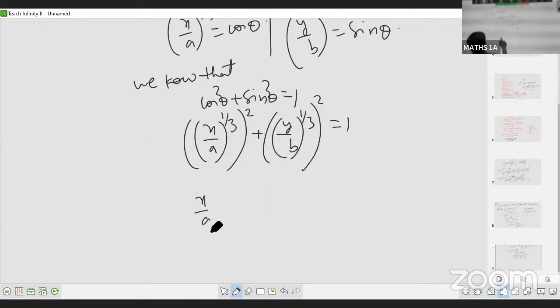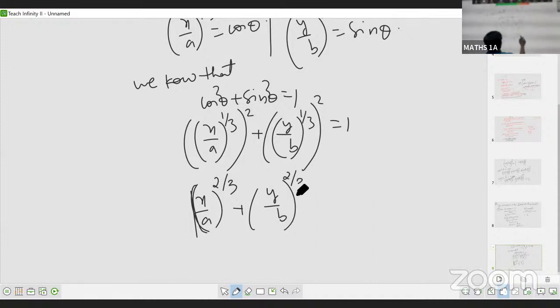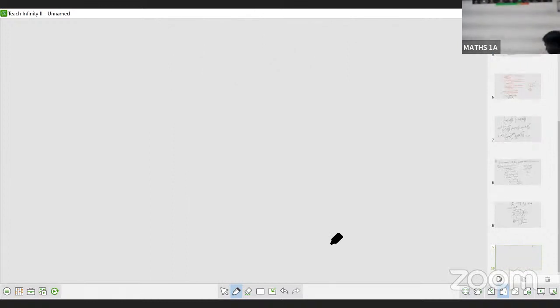Then x by a whole to the power 2 by 3 plus y by b whole to the power 2 by 3 equal to 1. This is how we eliminate theta. Okay. Next, one more.